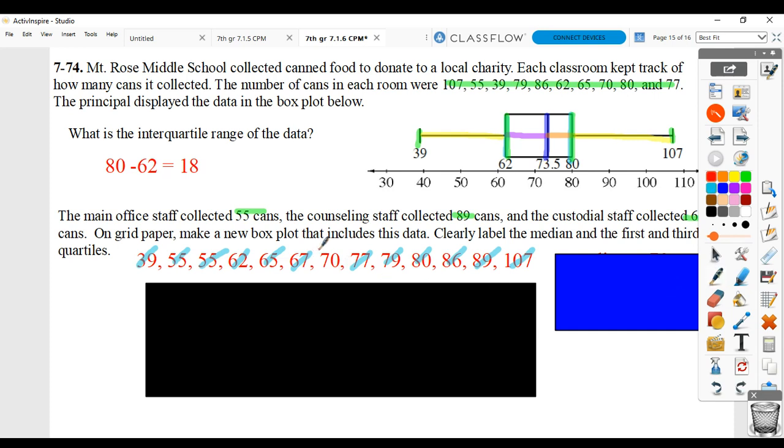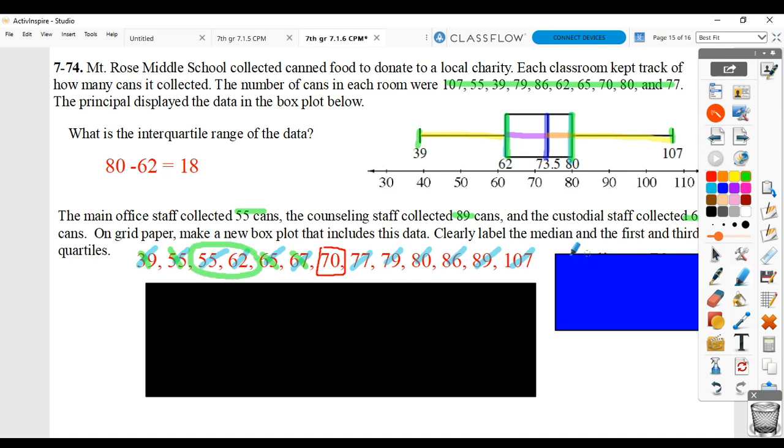Then when the median is a number right in the middle here, 70, we're now going to look at the first quartile as being the values up to 70 and the third quartile being halfway between the values after 70. So we want to find the median of the first half of the data. So 39 and 67, 55 and 65.